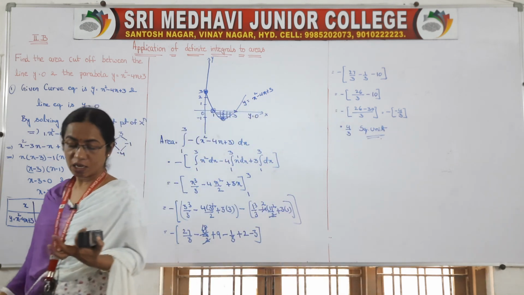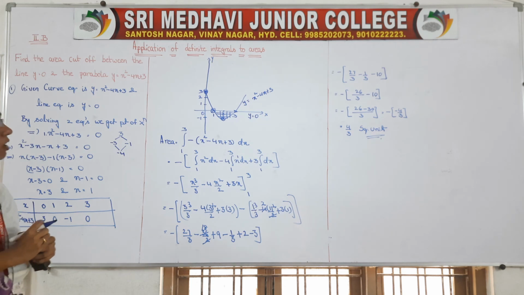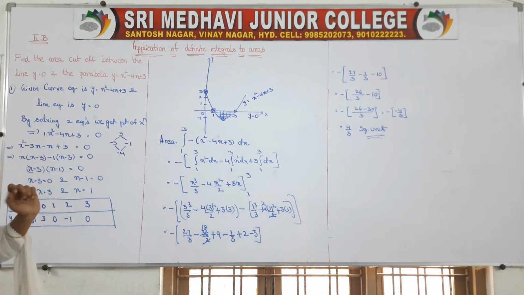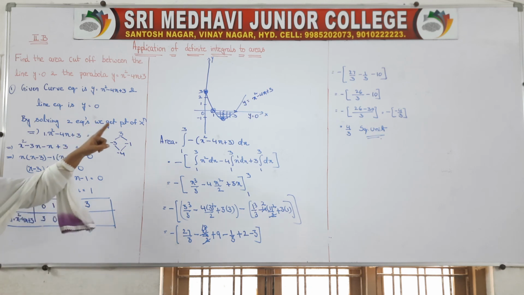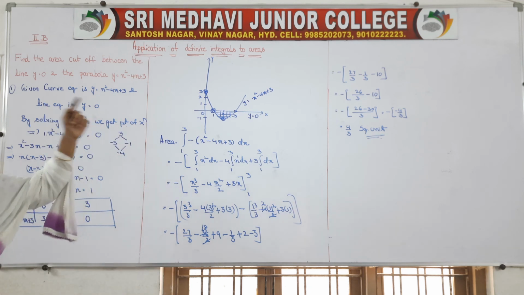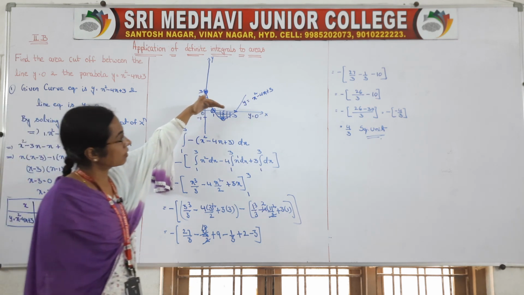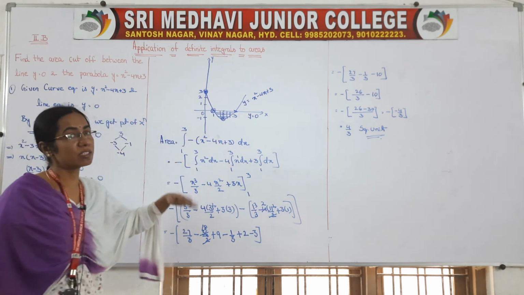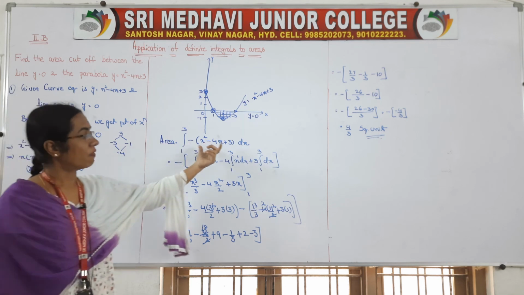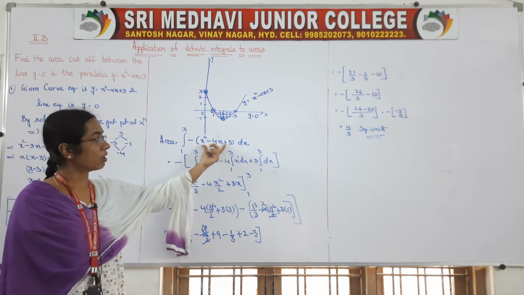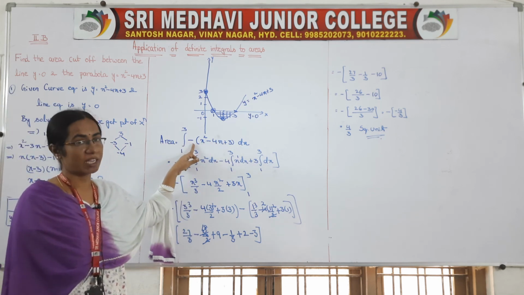So this is the procedure. How do we find it? First, the x bounds are not given, so we have to solve and find the x values. Once we get the x values, take a table and try to draw the diagram. Here your area is below the x-axis, so while taking the formula for the area of the curve, we have to take a minus sign.